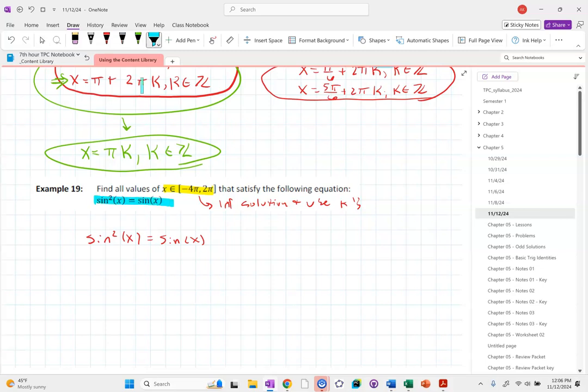What does this piece tell me? What type of equation do I have? What exponent do you see here? Squared, degree 2. That means it's quadratic. Now, what do you notice that's different about this quadratic equation versus the previous one?